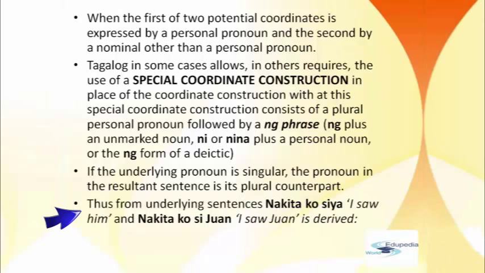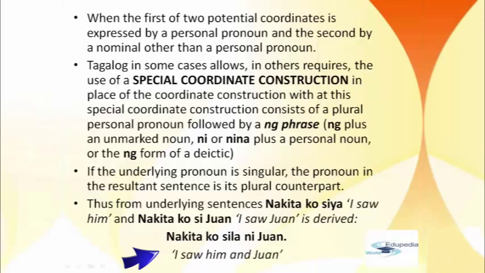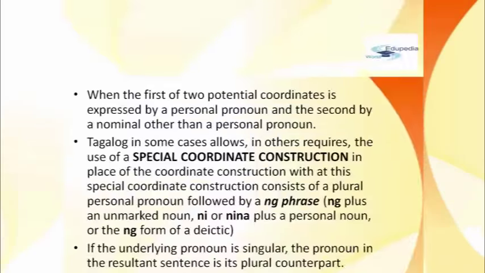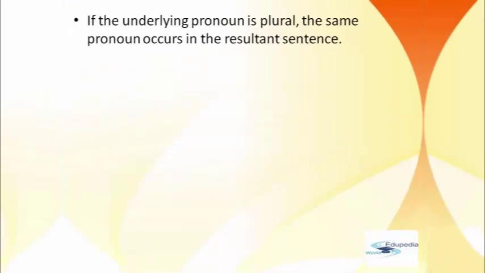Thus, from underlying sentences, nakita ko siya, I saw him, and nakita ko si Juan, I saw Juan, is derived, nakita ko sila ni Juan. I saw him and Juan. If the underlying pronoun is plural, the same pronoun occurs in the resultant sentence.